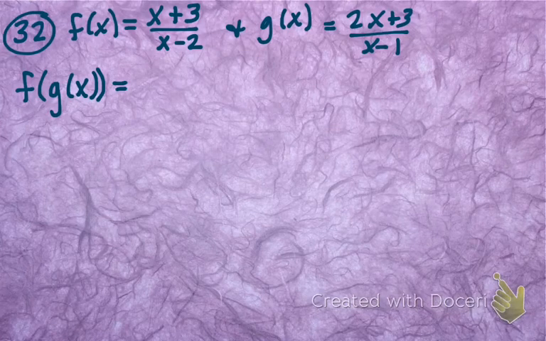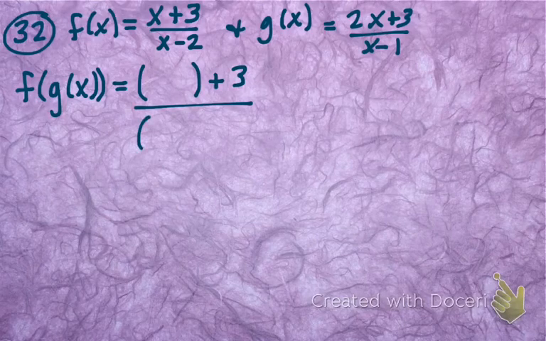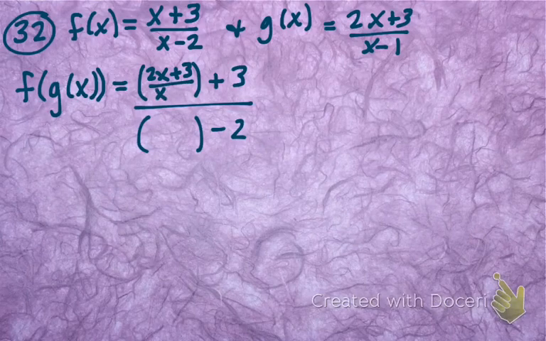f is my outer function, so I'm going to replace x with big parentheses on both the top and the bottom. And inside there I'm going to place the g function, which is (2x plus 3) over (x minus 1). Ugly, but manageable.